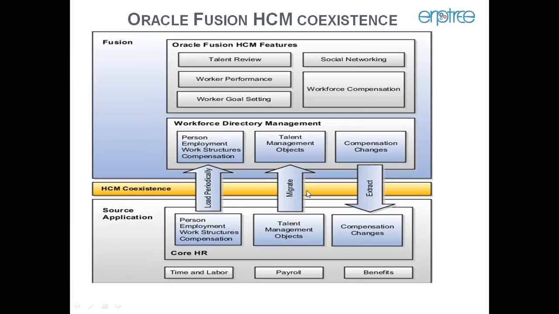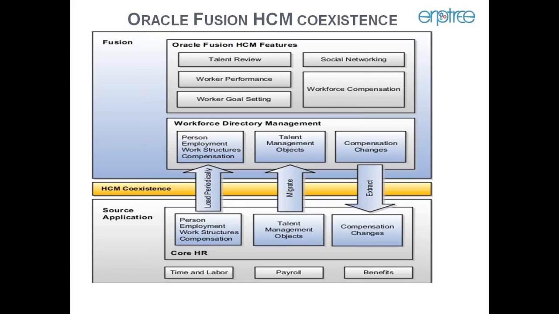Here you can see one example where in the Fusion application we have different modules like talent, goal, talent, workforce compensation, and the core HR is maintained in the third party.